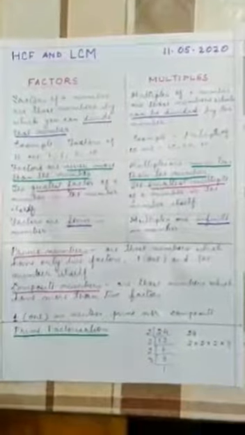Let us now revise prime factorization. Before we begin, I hope children you all remember prime numbers and composite numbers. What are prime numbers? Prime numbers are those numbers which have only two factors, 1 and the number itself.